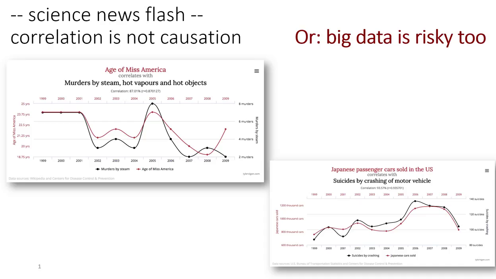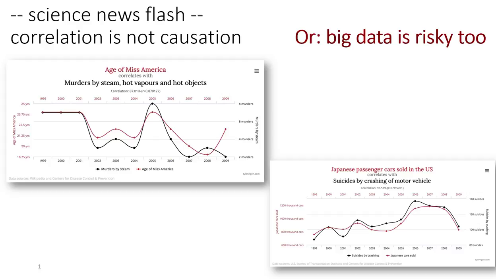But typically, if you have data that is rich enough, you can find very unlikely correlations that are really, really high, even though it's totally obvious that if you look at it, there cannot really be any causal inference here. So there is a real risk in big data, because it is almost always possible to find something that predicts something else.